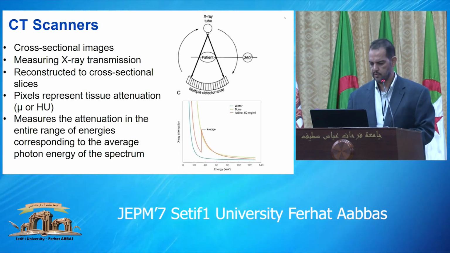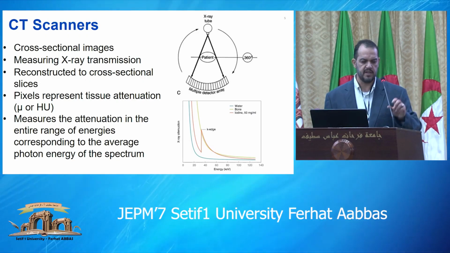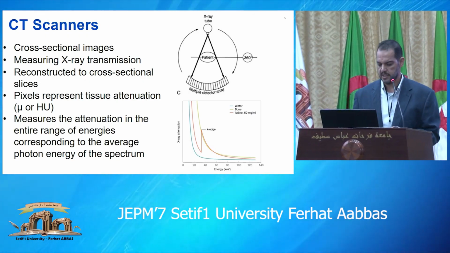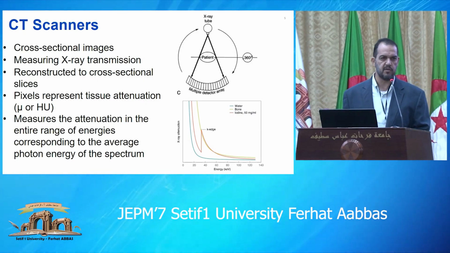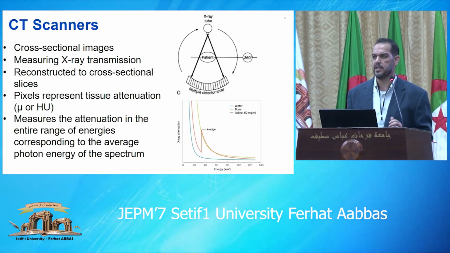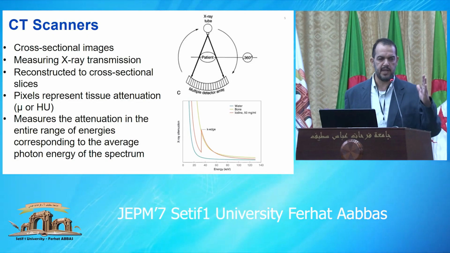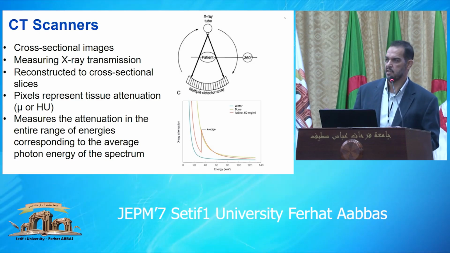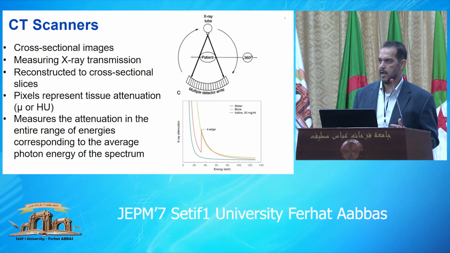Okay. So Dr. Habib already introduced CT imaging, which is different from projection imaging. Basically, instead of taking projections of the anatomy on a plane, we construct cross-section images of the patient. And this is very important: the pixel values are usually Hounsfield units, which are a function of the linear attenuation coefficient of the material.